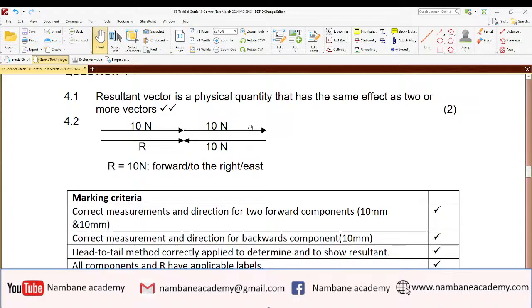At 4.2, use a scale of 10 millimeters to 1 Newton to determine the resultant force of the three forces graphically by means of construction, ladies and gentlemen.